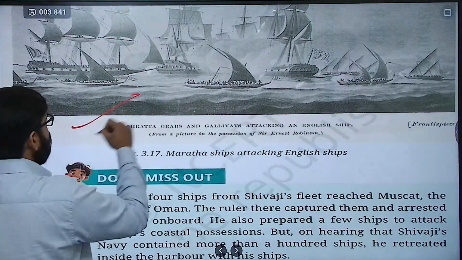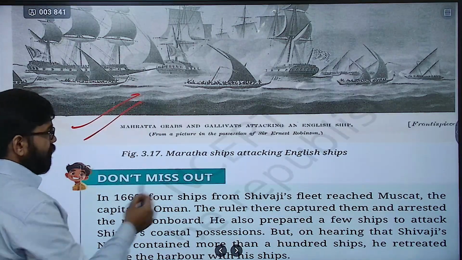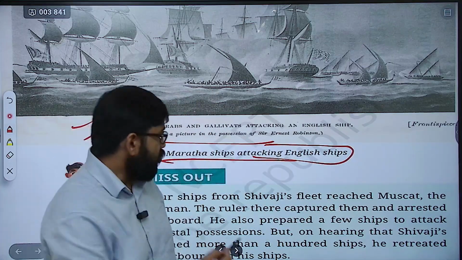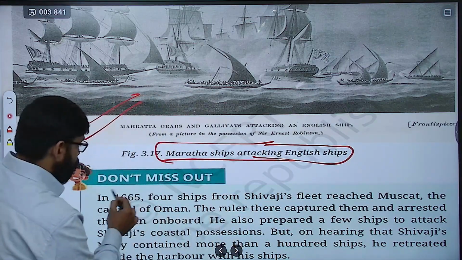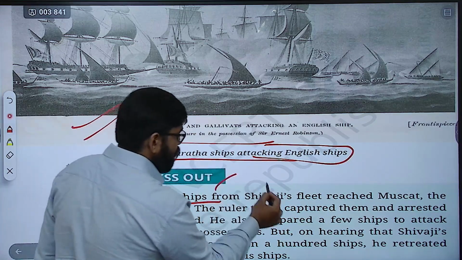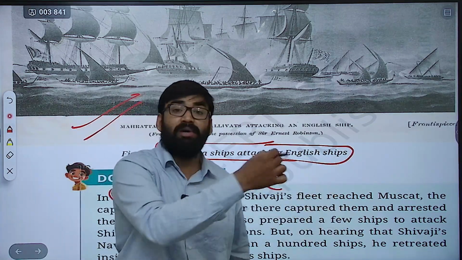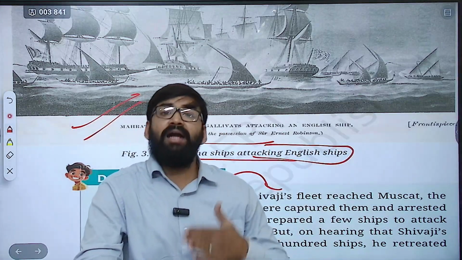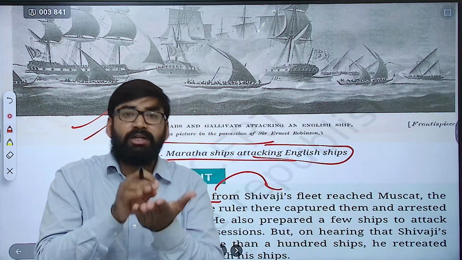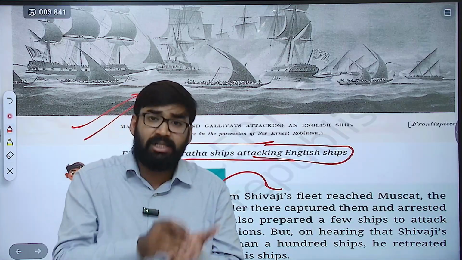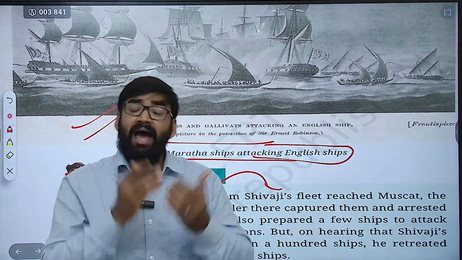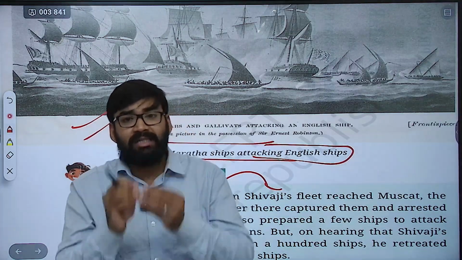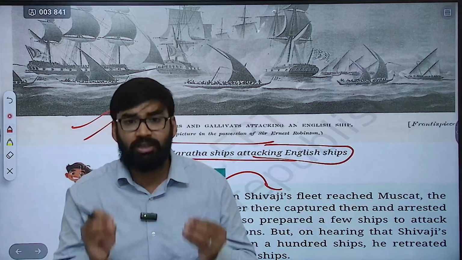As you can see, these pictures show Maratha ships attacking English ships. In 1665, four ships from Shivaji's fleet reached Muscat. So Shivaji, who founded the navy, took Surat but did not destroy religious places. This is mentioned in the new NCERT, which also mentions that he rebuilt temples and supported Sanskrit as well as Marathi culture.